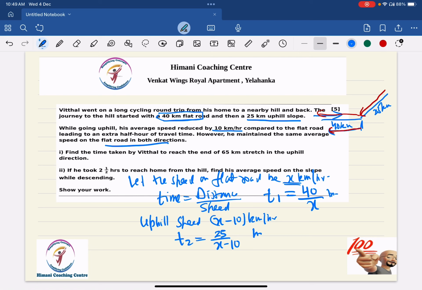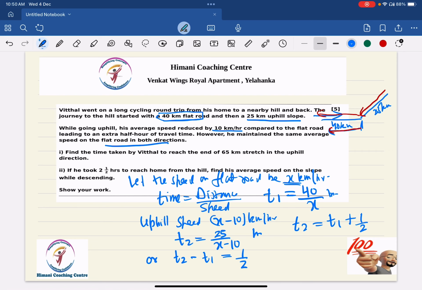Now read the question. What is the question saying? While going uphill, his average speed reduced by 10 kilometer per hour compared to the flat road, leading to an extra half hour of travel time. That means T2 is equal to T1 plus half, or we can say T2 minus T1 is equal to half. Students, remember, since we are talking kilometer per hour, therefore time is in hours.